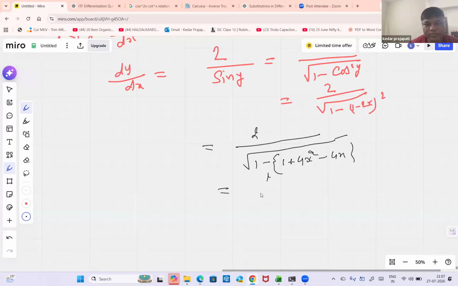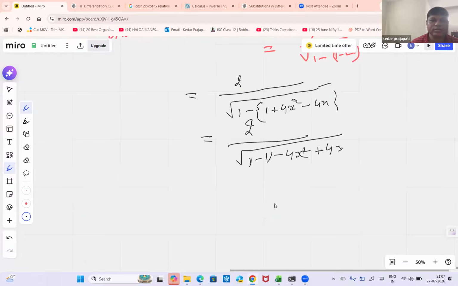This will become 2 by root over 1 minus 1 minus 4x square plus 4x. 1 cancels. So this became 2 by root over 4x minus 4x square.